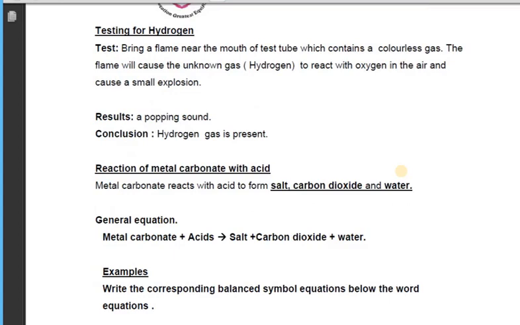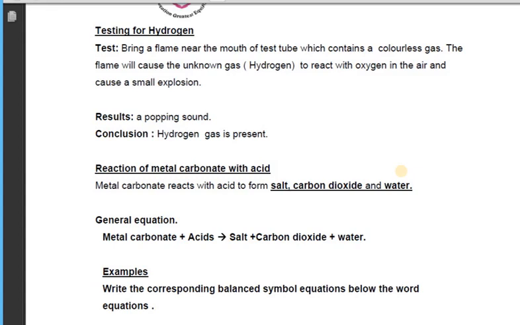To test for the hydrogen, you bring a flame near the mouth of the test tube, which contains the colorless gas. You would have a test tube which has a gas which you do not know what it is, right? And then when you test for this gas, for you to know that it's hydrogen, it will burn with a popping sound, right?